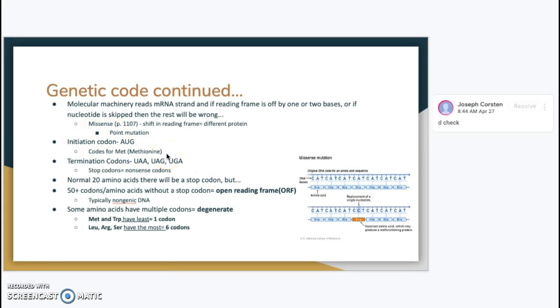Now, the initiation codon is coded as AUG, adenine, uracil, and guanine. This codes for methionine, and then we also have termination codons, which are here. Now, these termination codons are also referred to as nonsense codons, which you may have heard before.